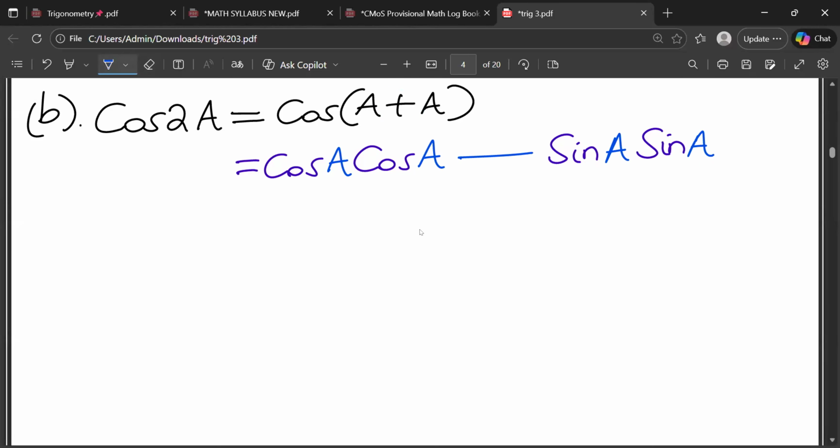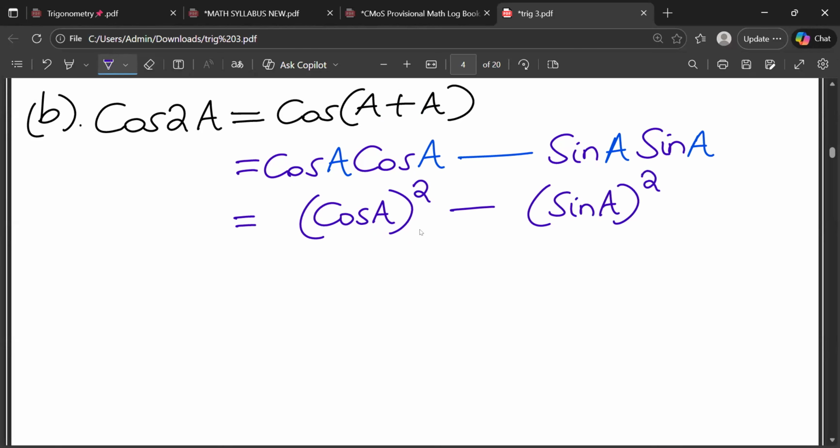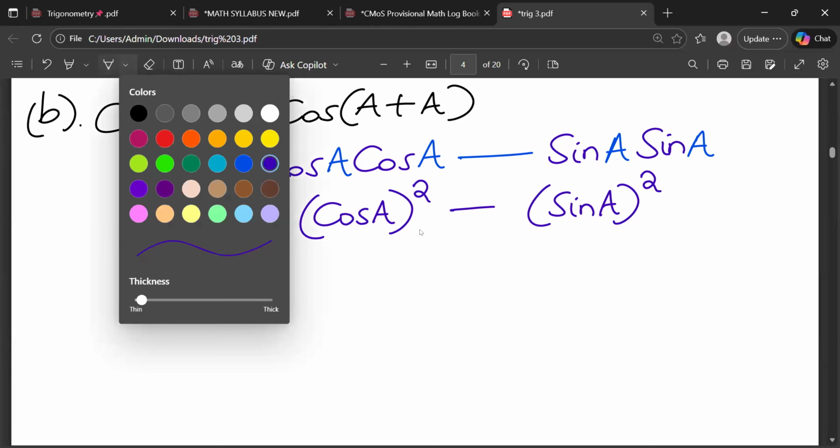Then you all know x times x will give us x squared. So we are having cos A. So this one is cos A, and you all know it is squared. Then this side, what do we have? We are having sine A, and it is appearing twice, so it is squared. But you all know that in trigonometry, we don't write it like that.